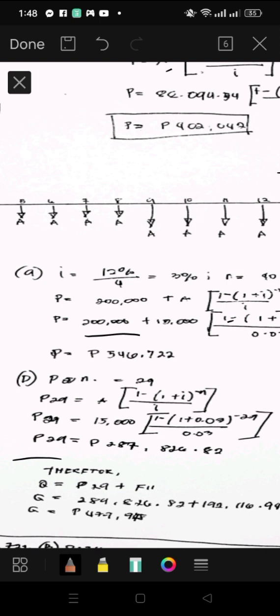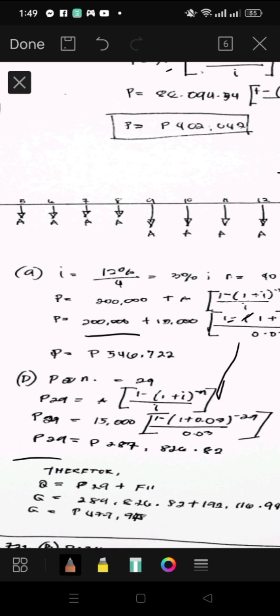So that's why we get 287,826.82. So the next is F2, which is equal to A times the quantity of (1 plus i) raised to the power of n plus 1, minus 1, over i.